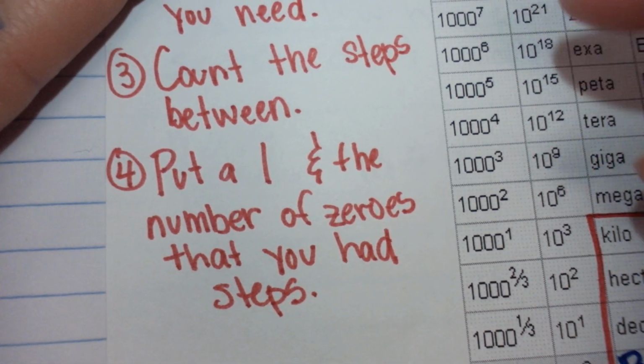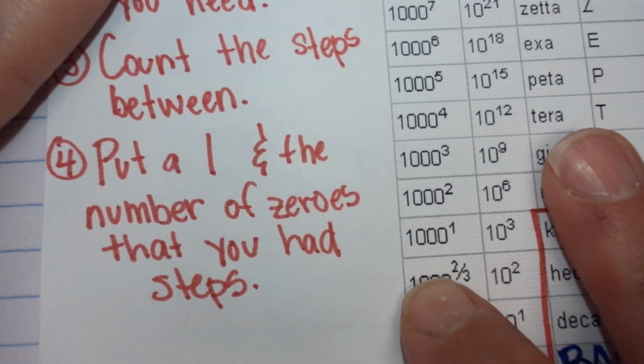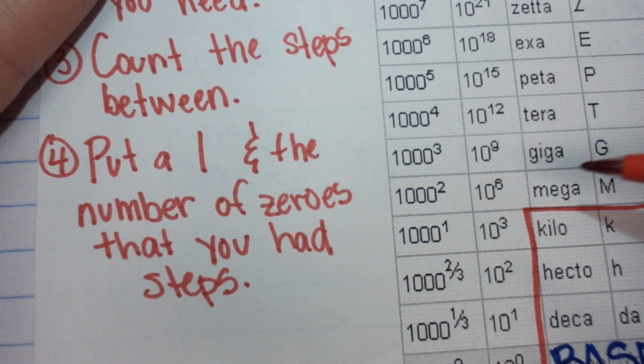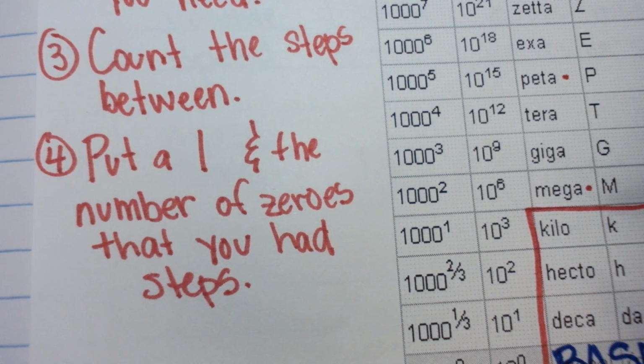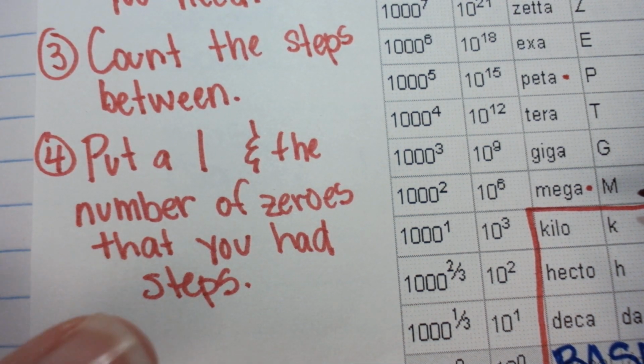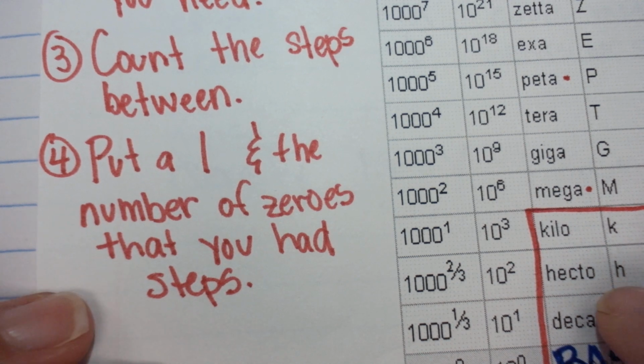I'll show you that example here in a second. But for instance, if I'm going from mega to peta, let's say, there's 1, 2, 3 steps in between. So I would put a 1 with 3 zeros behind it. We'll see that in our examples.